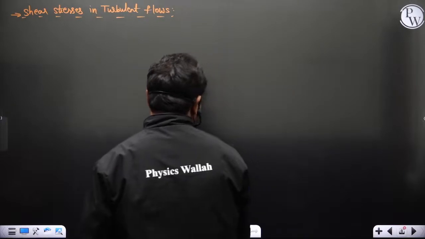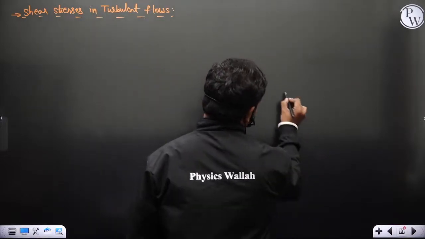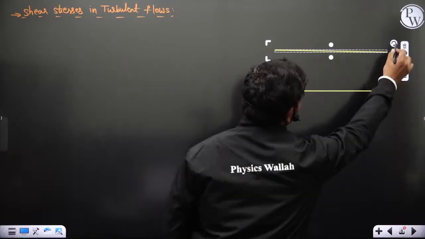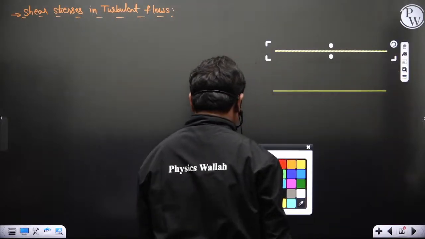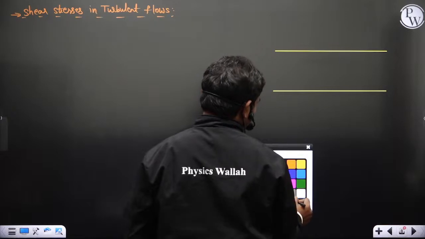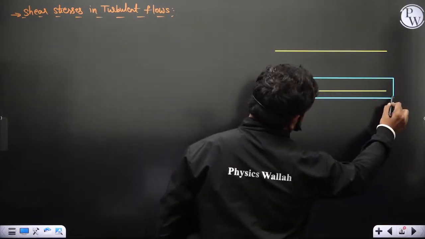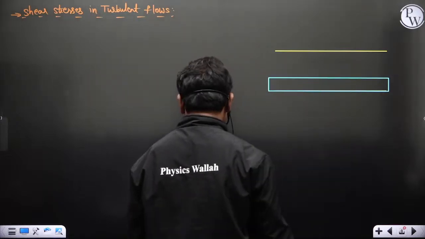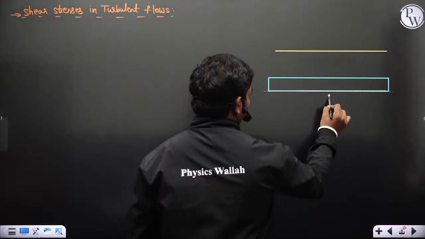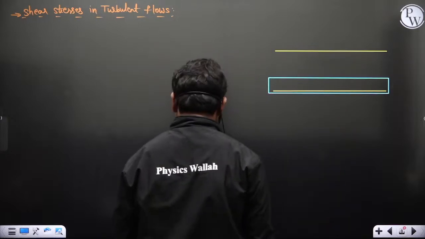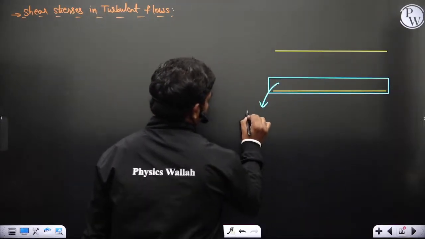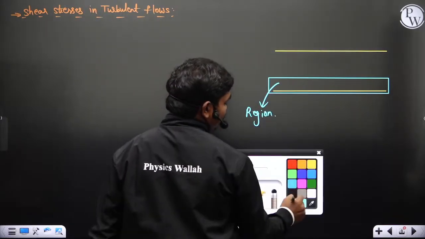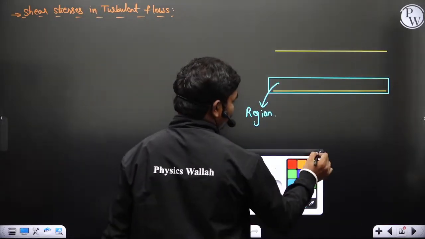So if you have, for example, a pipe, and you focus a bit on this region, this is a pipe wall. One thing that you know is the fluid particles inside will move in a zigzag way.